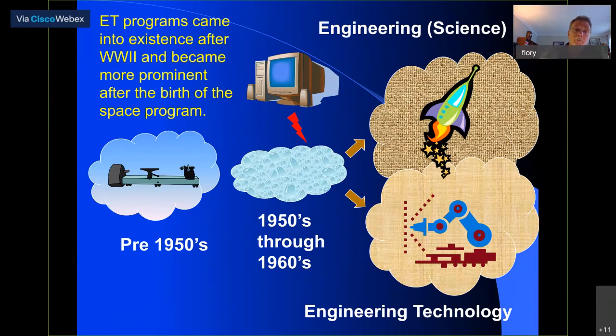In fact, a lot of people don't really consider engineering technology being a separate field until truly the beginning of the space race in the 60s. Now, what changed? Before the middle of the last century, engineering was engineering.